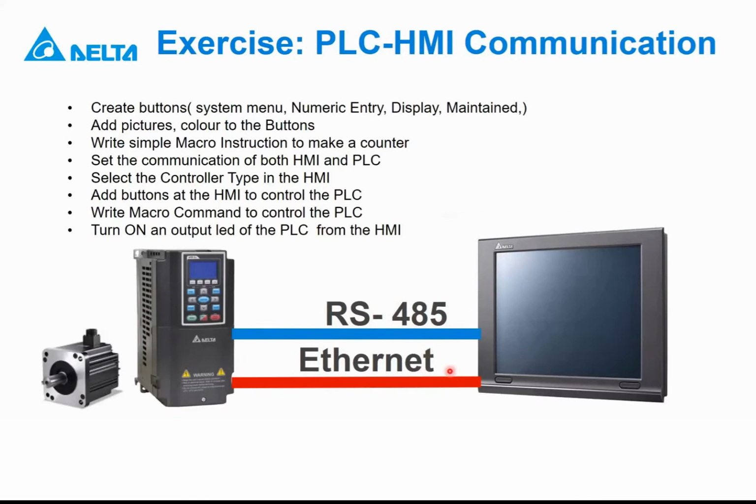With Ethernet, you can control up to 16 devices, 16 PLCs at the same time. One PLC is controlling a pump, another is controlling milling, another is controlling packaging. So there's no restriction to what you can do on the HMI. And for RS485, if this is a master, you can have up to 32 slaves that it controls.